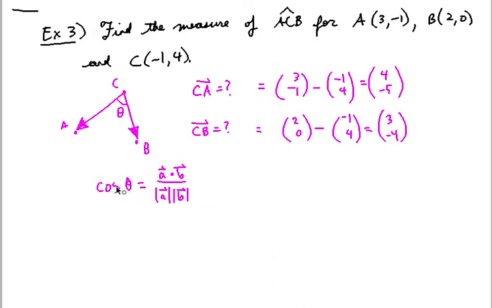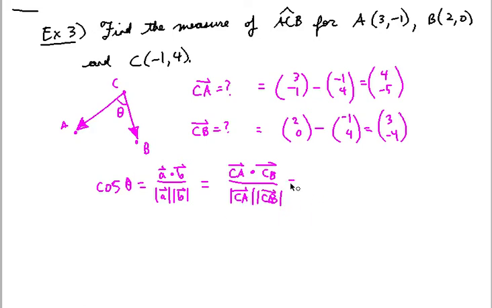Okay, so if I do this, then my vector A would probably be CA or CB, it doesn't really matter, and B would be the other one. Okay, so let's try that. So this would become really CA dotted with CB, all over the magnitude of CA times the magnitude of CB.